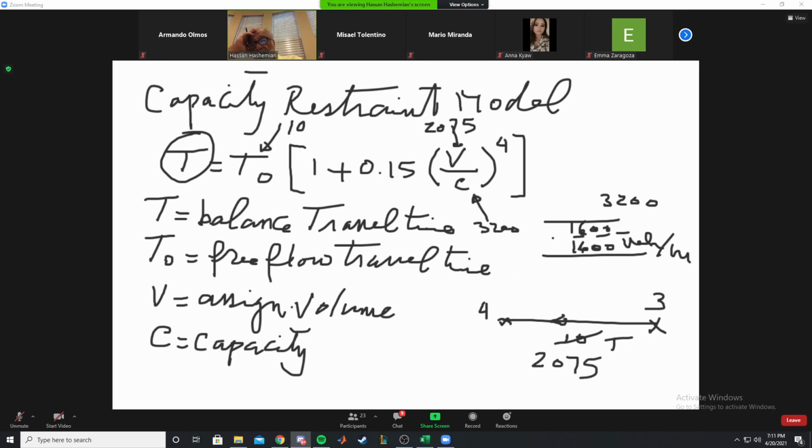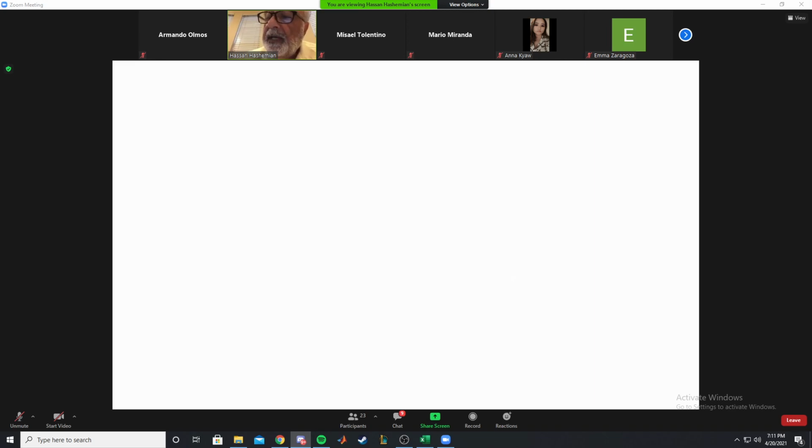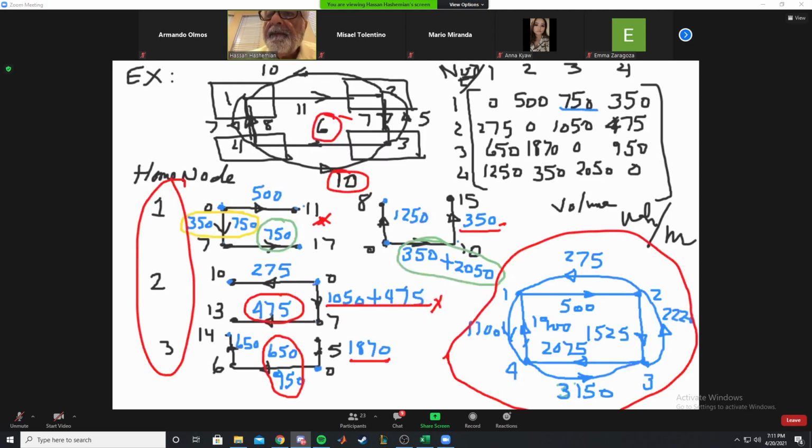You stop when the trees do not change. For instance, when I had this tree that was like this, if that doesn't change with the new travel time, and this doesn't change with the new travel time, all of them, that means that's balance.